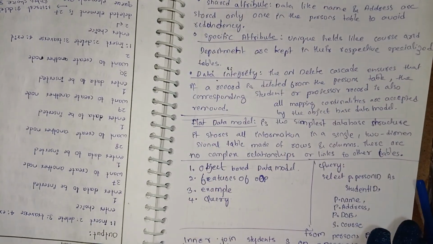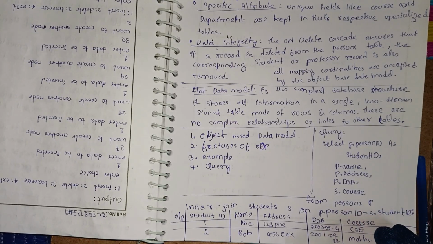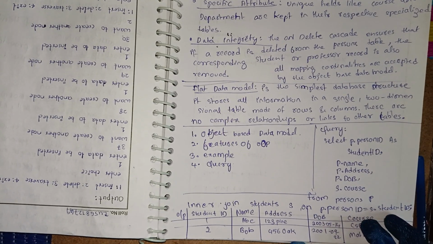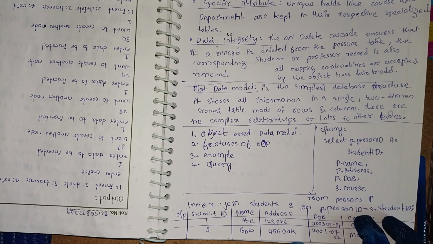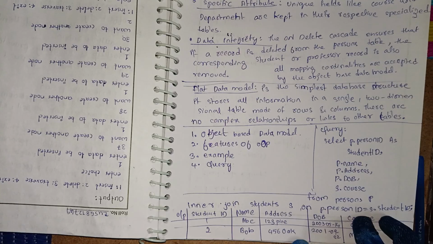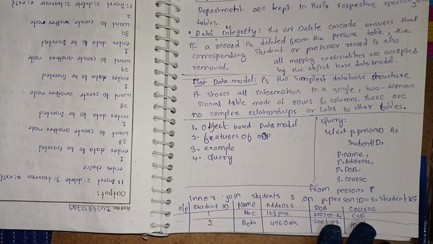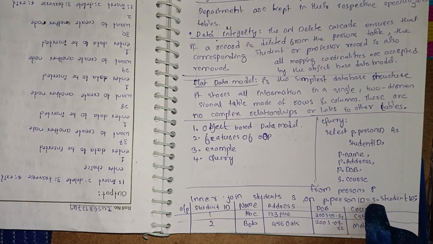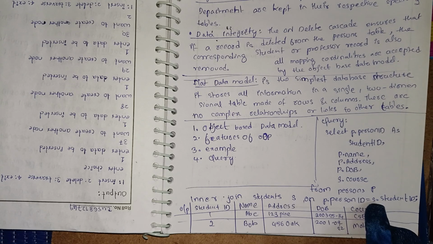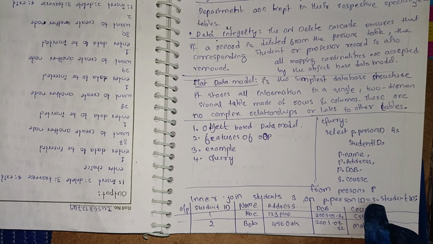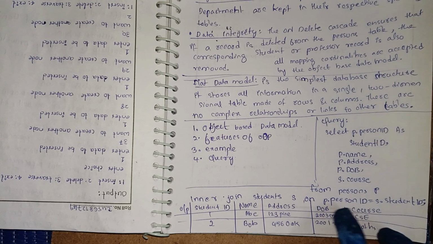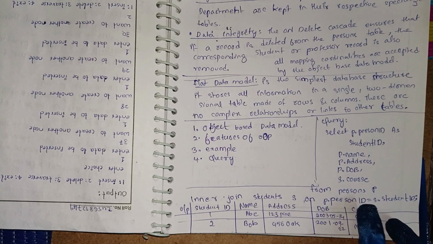To join two tables, we need the same column, means same column values, in both tables to join it. Here P and S are user defined words or alphabets, we can say.